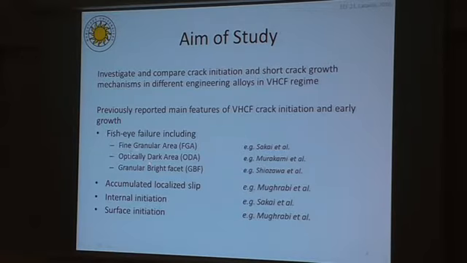For instance, the formation of a fine granular area by Professor Sakai, an optically dark area in which crack growth occurs due to hydrogen assistance as proposed by Professor Murakami, and the formation of granular bright facets by Shiozawa.